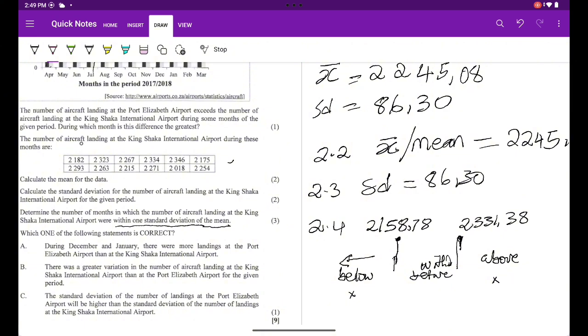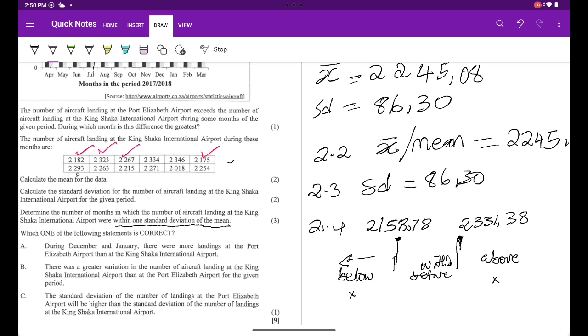2182, yes, we can take it. 2323, we can take that. 2267, we can take that one. 2334, no, it's above 2331. 2346, no. 2175, yes, we can take that.